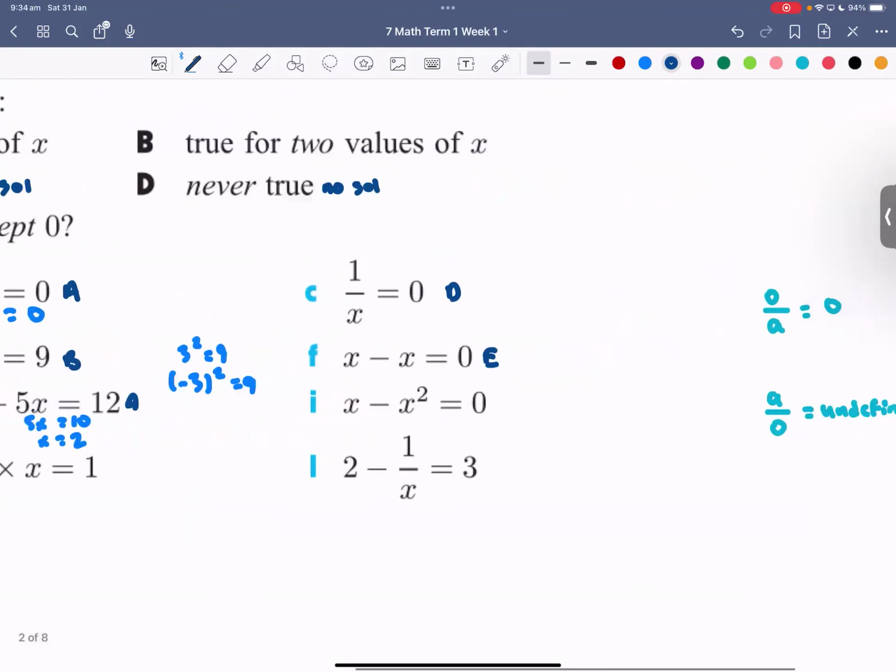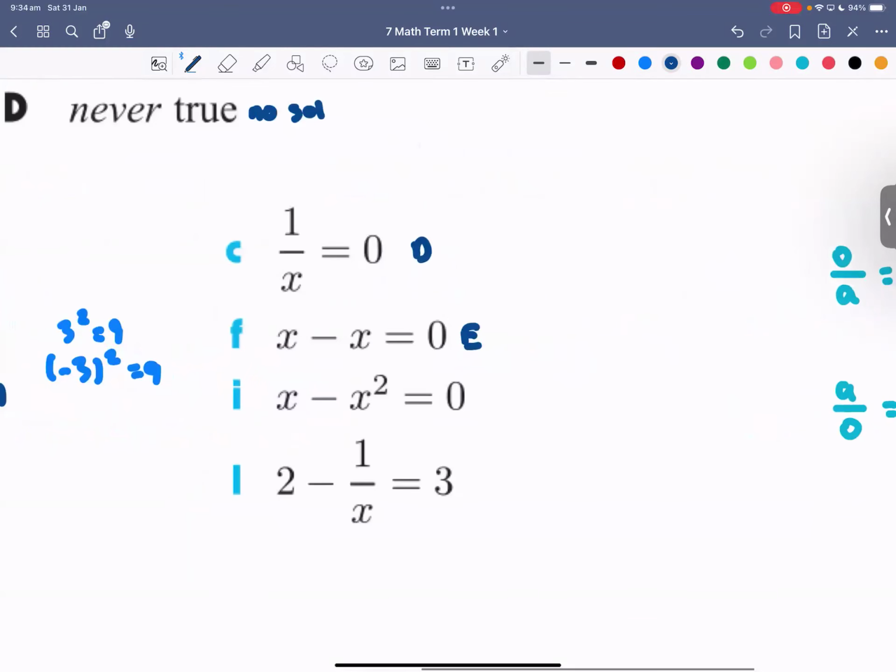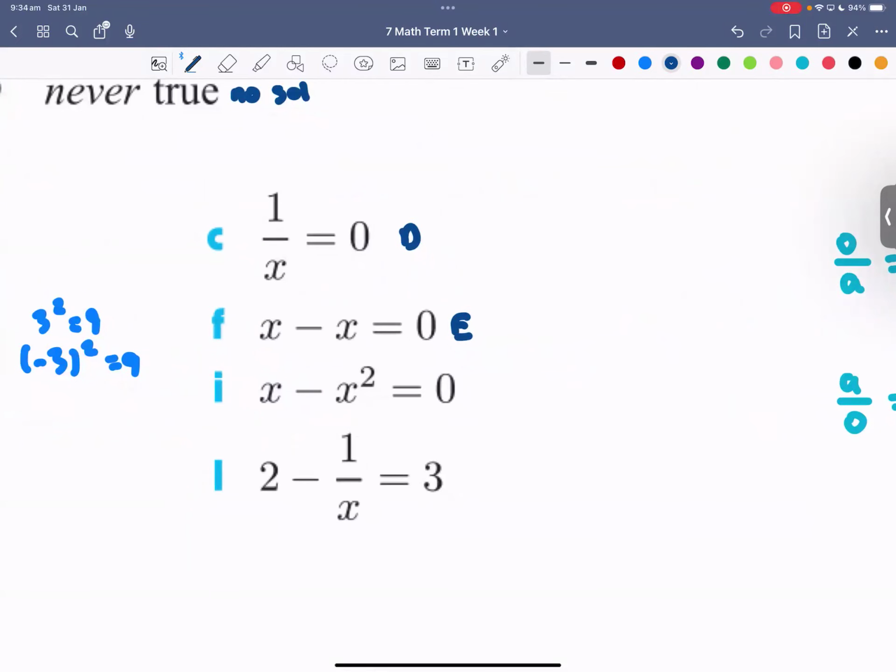All right. What about this one, guys? X take x squared is 0. How many answers to that are there? There are two answers. What are the two answers? Yes? 0 and 1 is correct, guys. Think about it. What's 0 take 0 squared? 0. What is 1 take 1 squared? 0. 1 take 1 squared is 0.